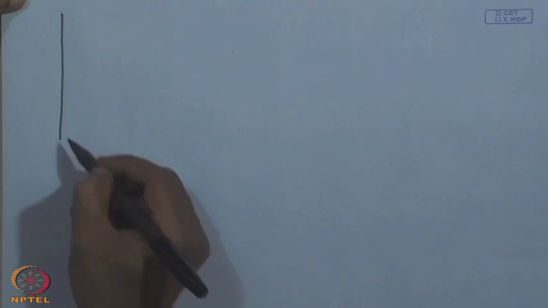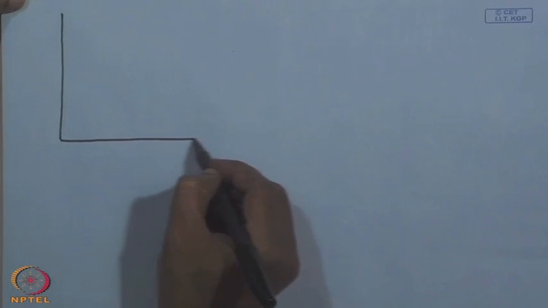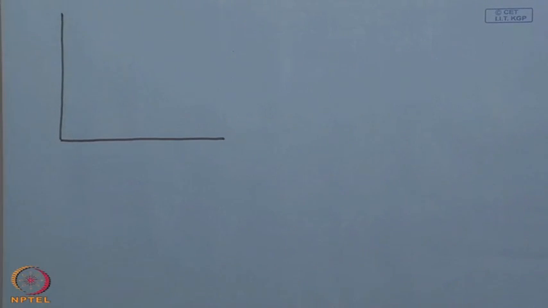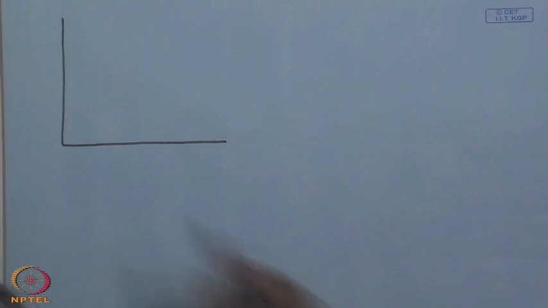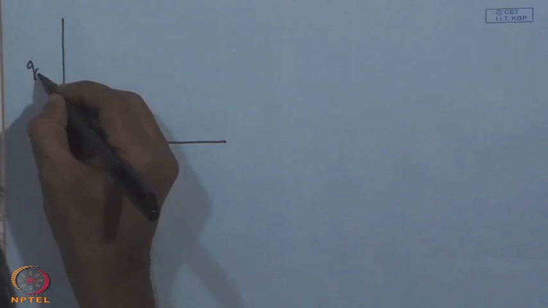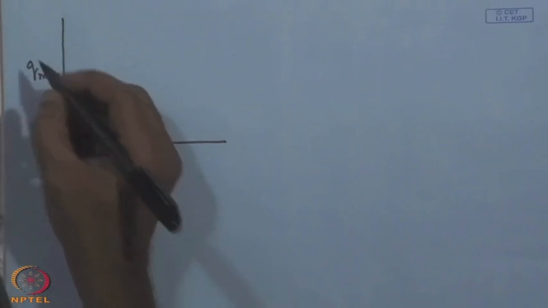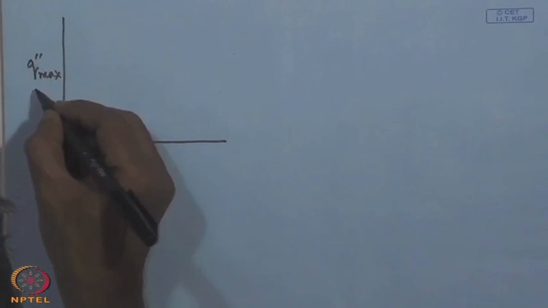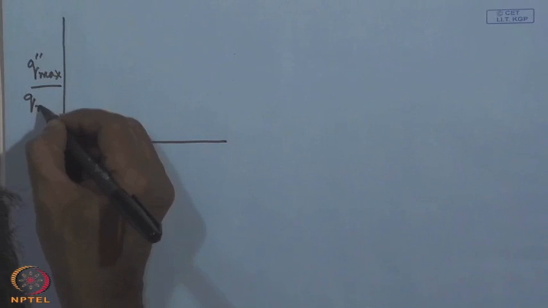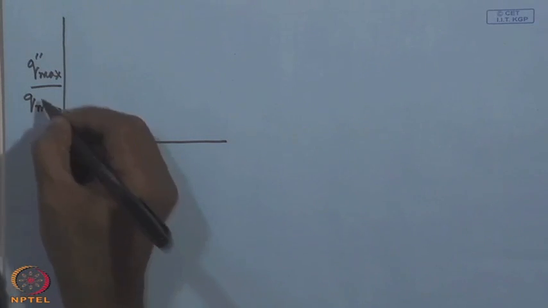Now, if we make some sort of a comparison with the classical theory of critical heat flux and the relationship which has been given by Kandlikar. So, this is q max z.